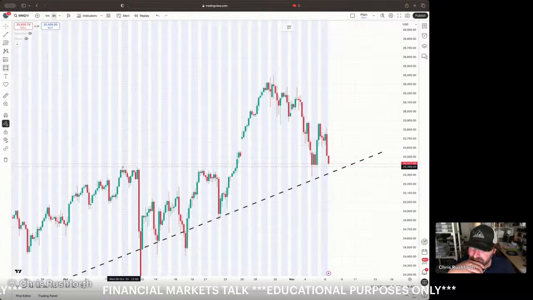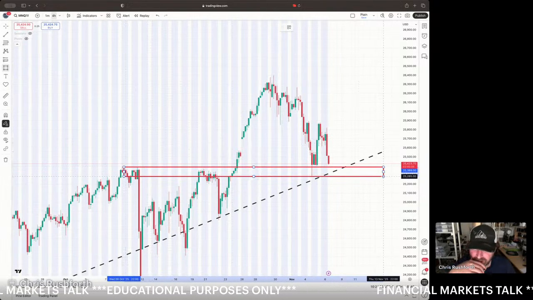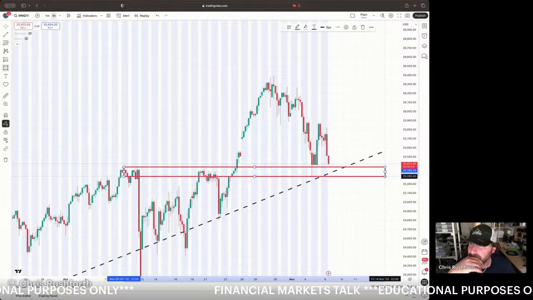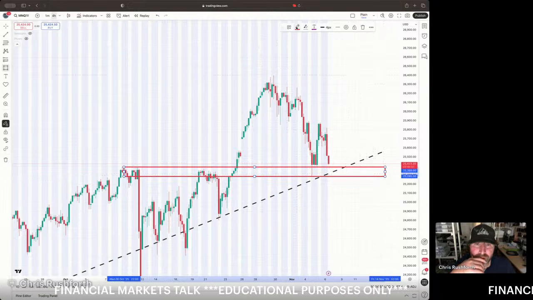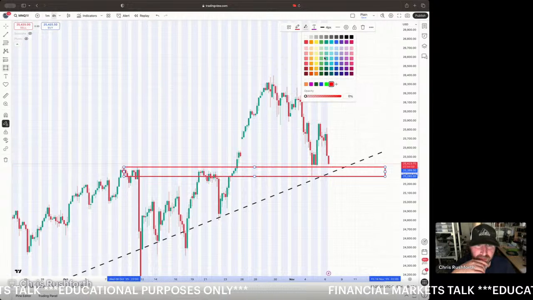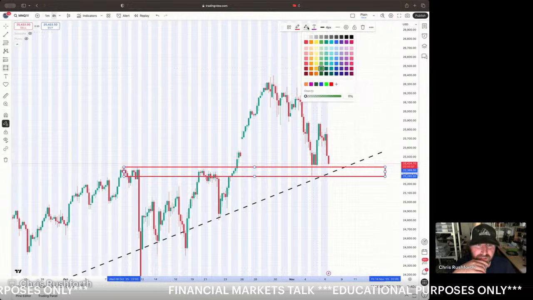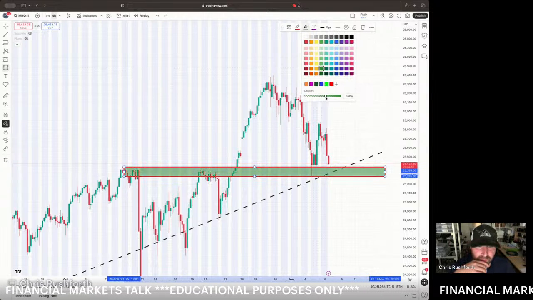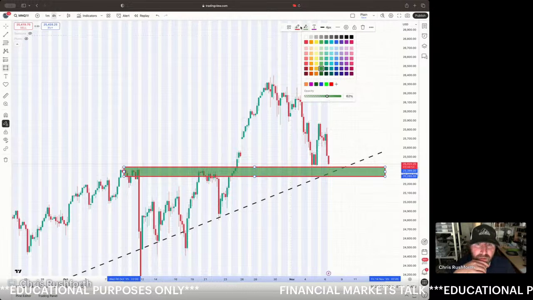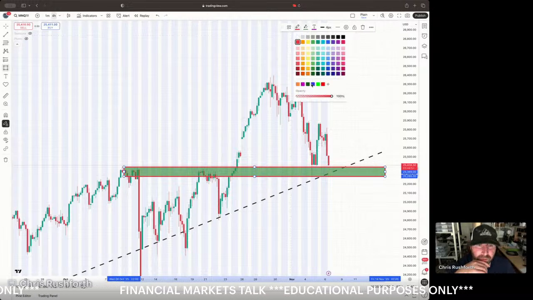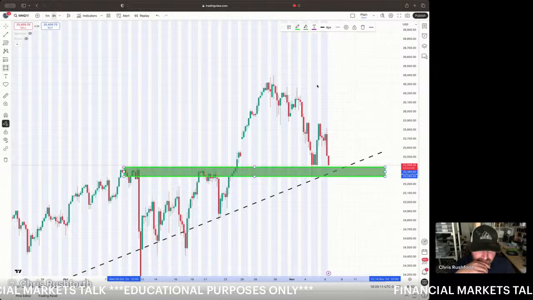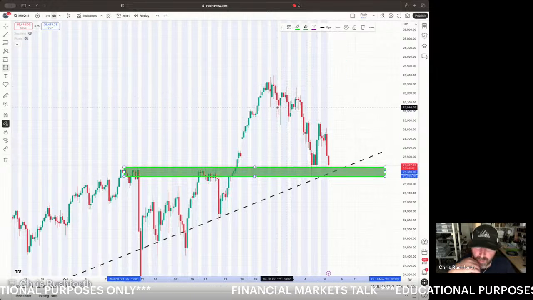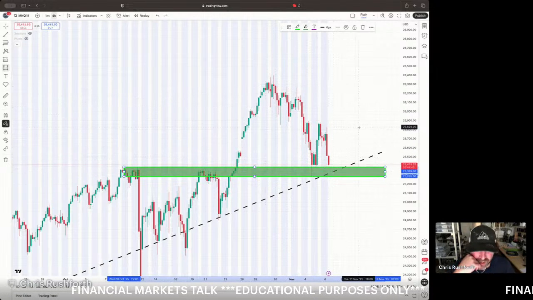So right here, this area, we want to be mindful of this area. We want to be watchful and to see if we may get a bounce in that area, bounce up.